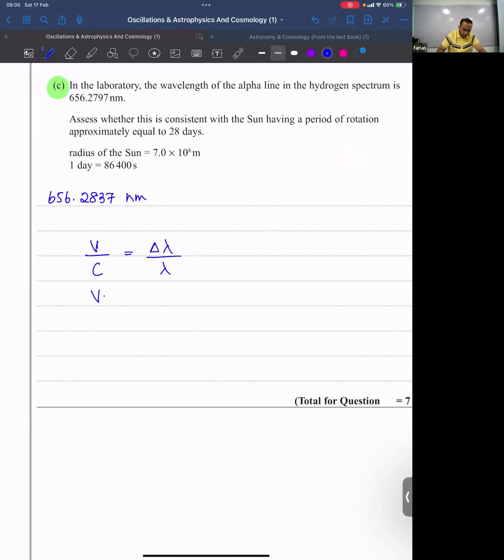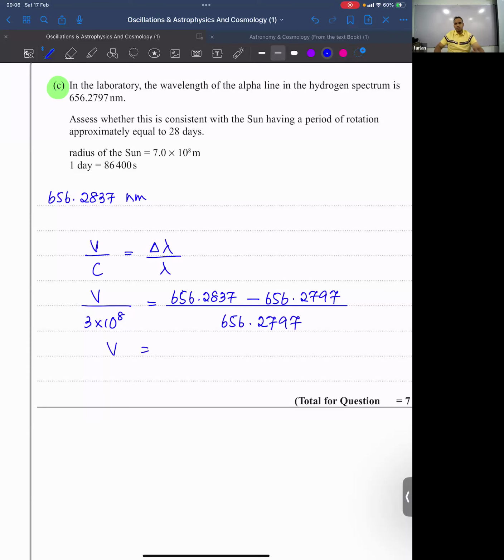C is the speed of light, 3 into 10 to the power 8. Delta lambda over lambda is 656.2837 minus 656.2797, divided by the actual lambda, 656.2797.